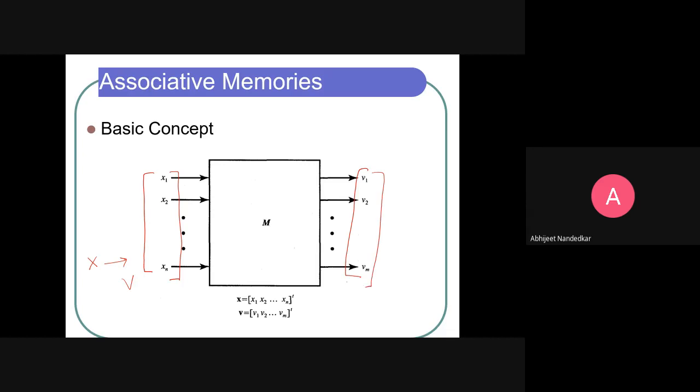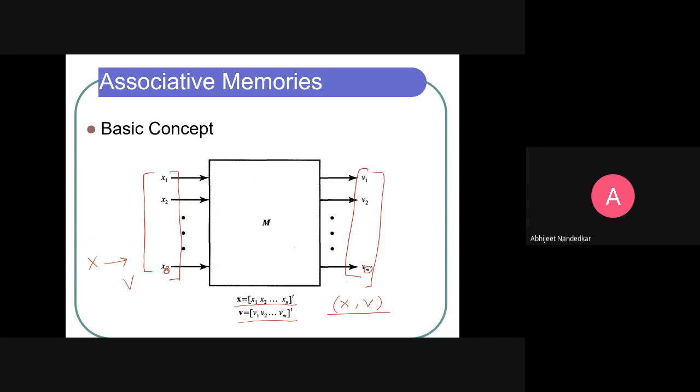Note that here the dimension is n and here the dimension is m. So my input vector is n dimensional, output vector is m dimensional. I want to learn the association between x and v.